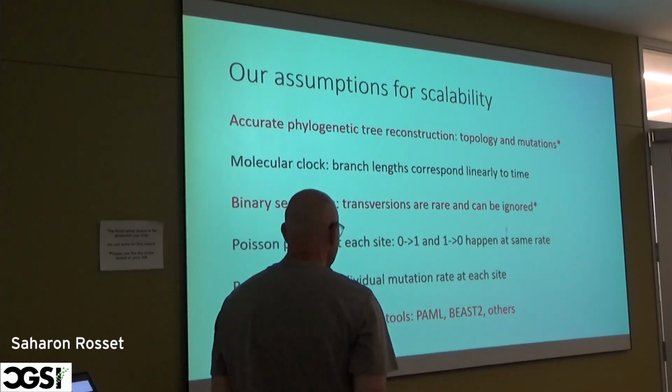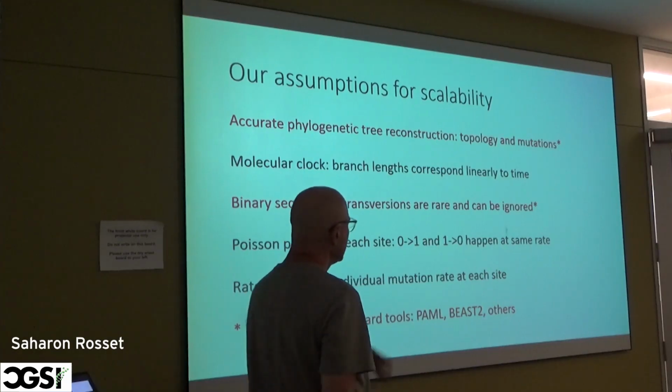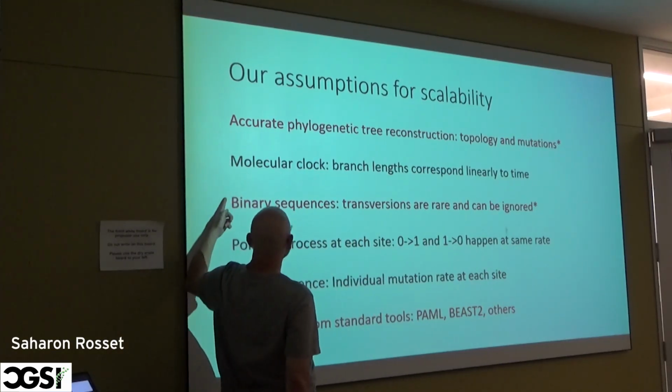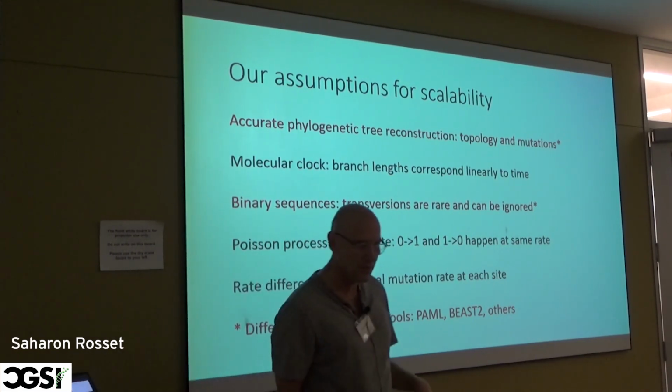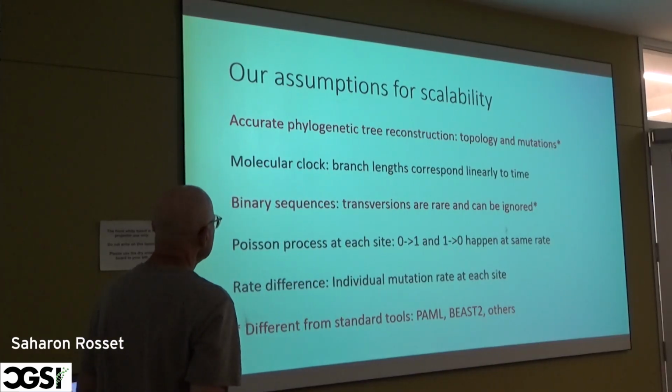So these are just two names of common tools. All of them would basically take sequences and integrate over all the uncertainty, and they would work with 4-state situations, not 2-state situations. And that has substantial implications for the computational complexity.